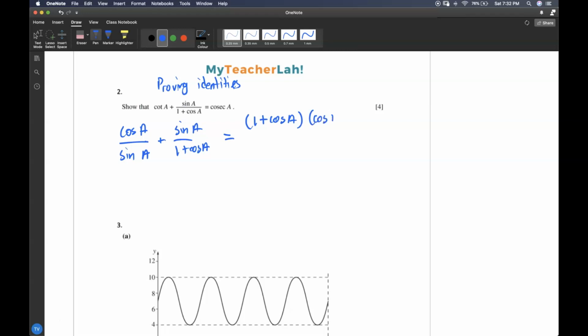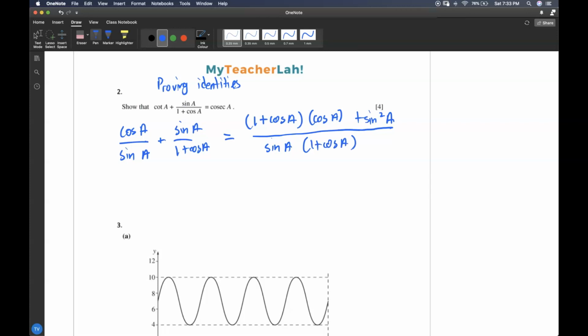Okay, cos A plus sine square A, right? So the reason why I need to do cross multiplication is because on the right hand side I don't see a fraction. So which means I need to be able to try and eliminate a fraction, especially because I have two terms here and I have only a single term here. Right. So let's try.